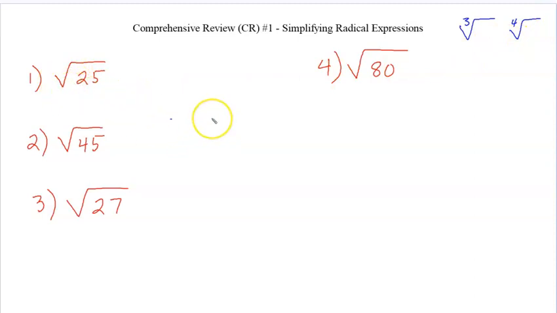Today we're going to primarily focus on numbers that have perfect square roots. And if they don't, then how can we simplify them with numbers that do have perfect square roots?